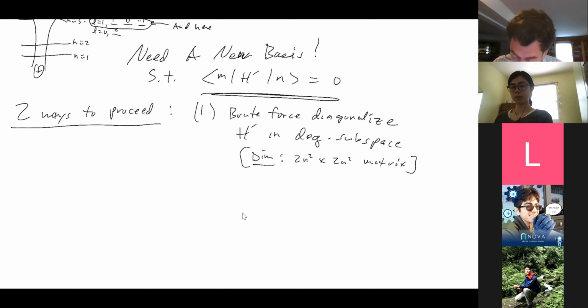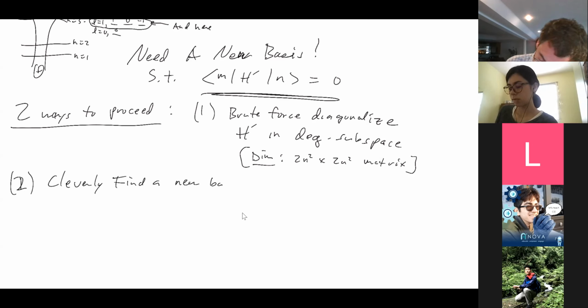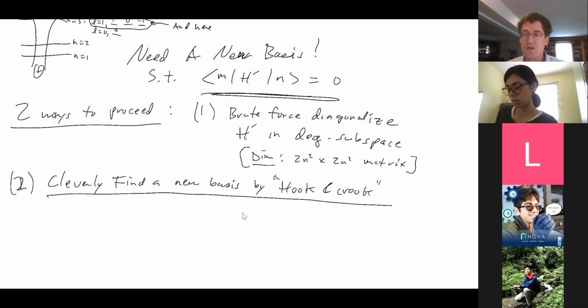Okay, so one thing is to do a brute force diagonalization of H prime in the degenerate subspace, but we don't want to do that. We did it before, but now there's another option: we can cleverly find a new basis by hook and crook. What do I mean by hook and crook?